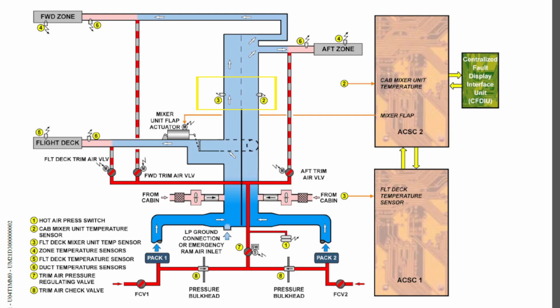And next on the mixer unit, we have 2 temperature sensors. The function of these temperature sensors is to give the actual temperature of the mixer unit to its related computers.